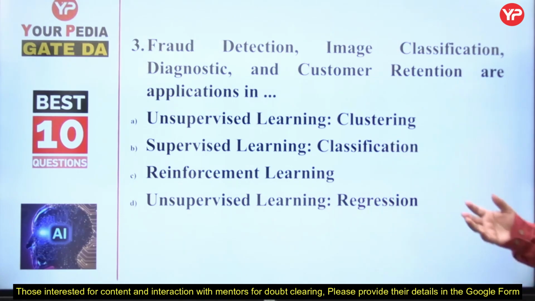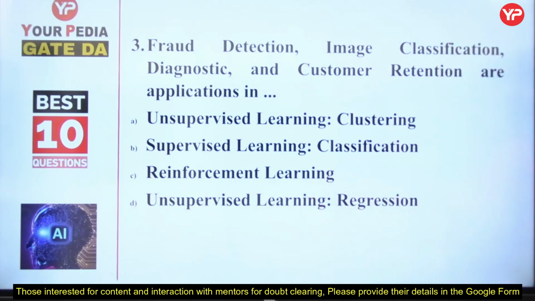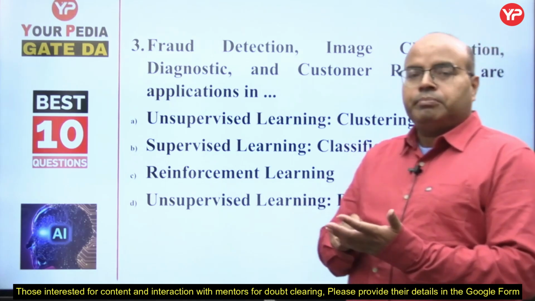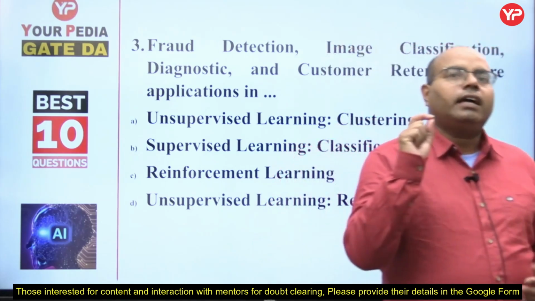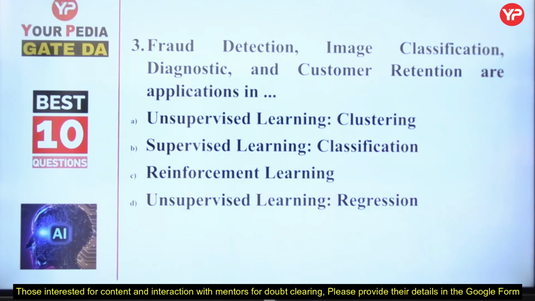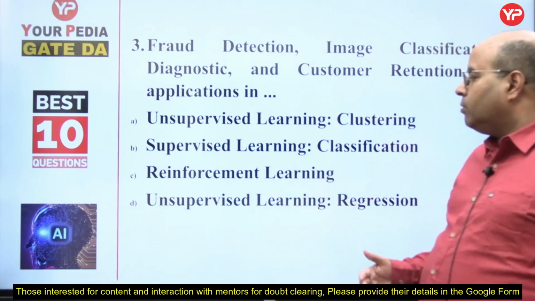In reinforcement learning, we are actually working with the environment, mainly in game playing, or where one action can't lead to the result. There are sequences of actions, like a chess game, where a sequence of moves leads to the result. There reinforcement learning will be needed, where we are going to interact with the environment.